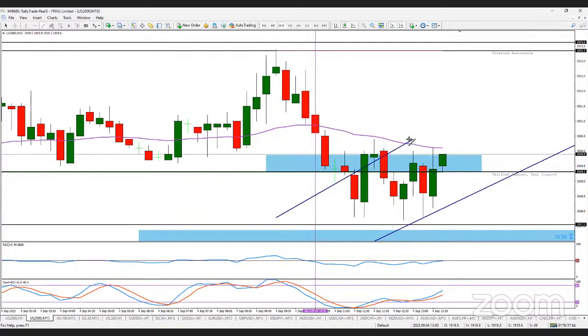But look at what happened. It broke the rejection and came down to form a lower low here. So I could have even still drawn it maybe down, maybe to this place, right? To connect this one, right?